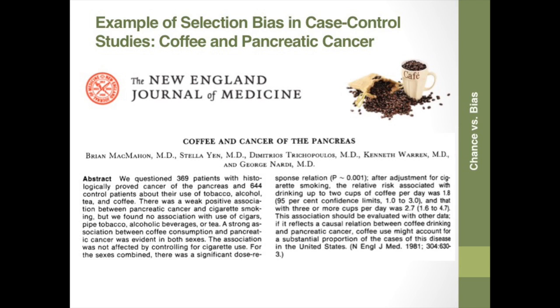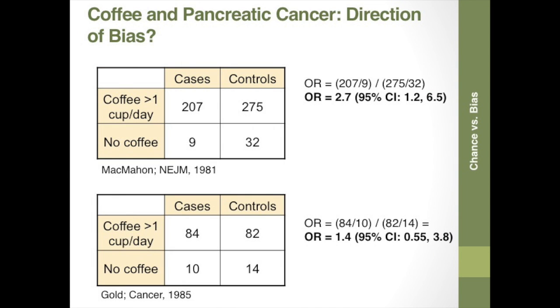However, as the exposure factor was coffee drinking, it turned out that patients seen by the physicians who diagnosed pancreatic cancer often had GI disorders and were advised not to drink coffee. This led to the selection of controls with a higher prevalence of GI disorders, and these controls had an unusually low odds of coffee intake.